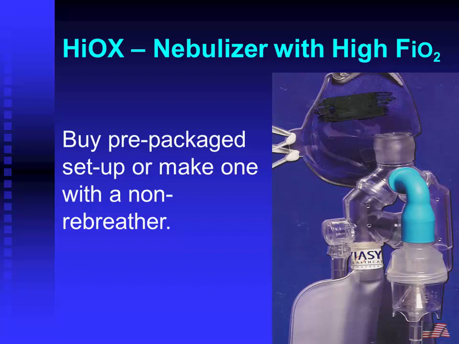This is that high ox nebulizer, a little bit expensive, but it has one powering the nebulizer, and there's a non-rebreather style mask or a reservoir to hold additional oxygen. So there's ways we can modify things so that even though they're on a high concentration of oxygen, I'm going to allow them to take a treatment at the same time without disturbing that oxygen delivery.